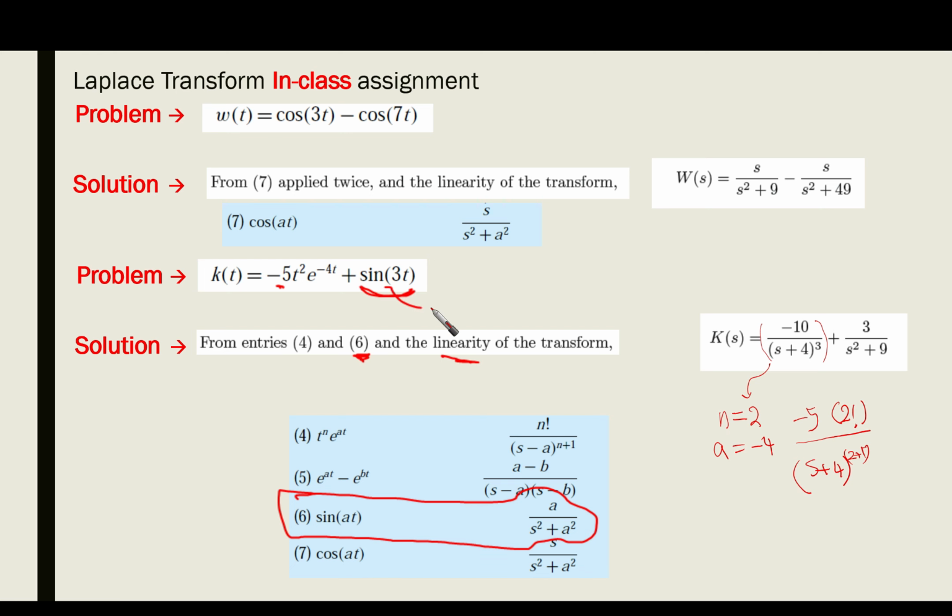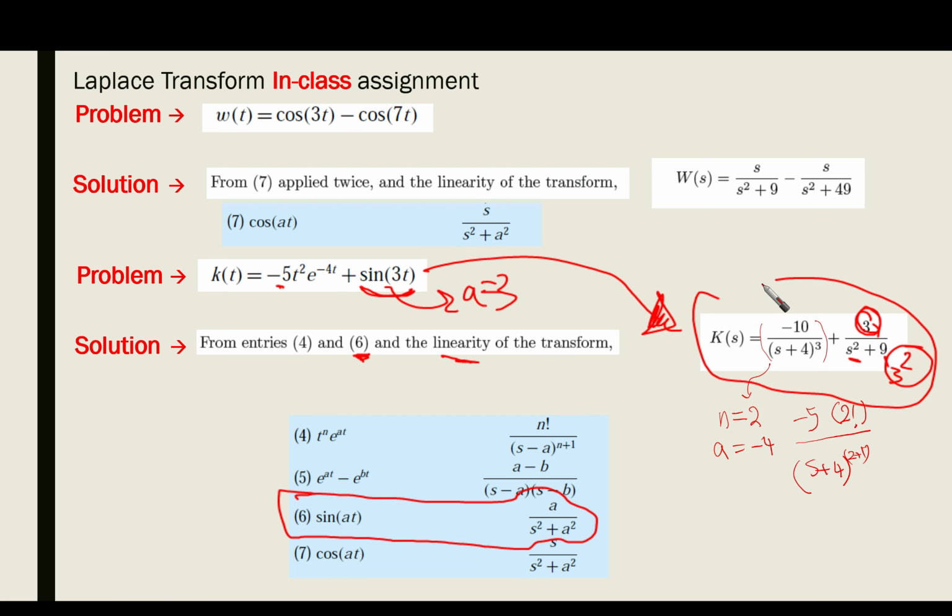Here a equals 3, so we have 3 in the numerator and s squared plus 3 to the power 2, which is 9, in the denominator. So this is the Laplace transform of this part.